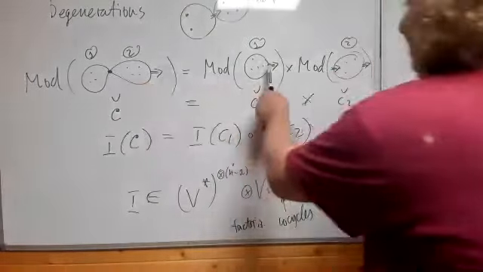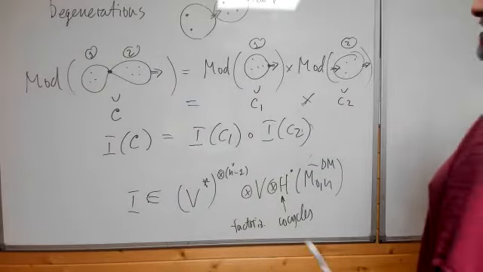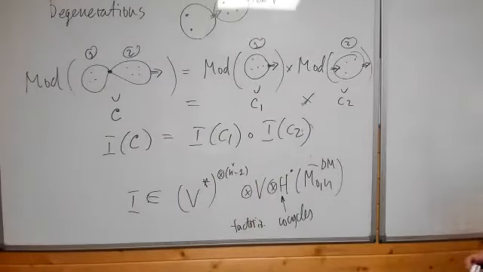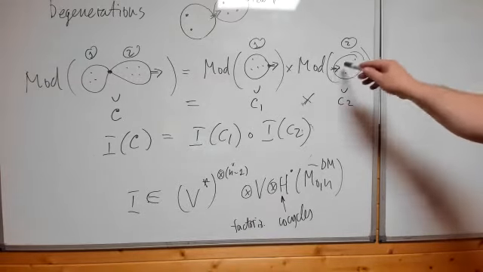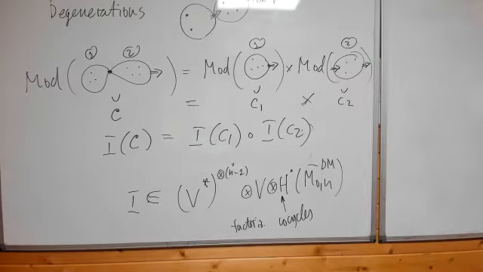We associate the output to the distinguished point on the first component and the input to the distinguished point on the second component.